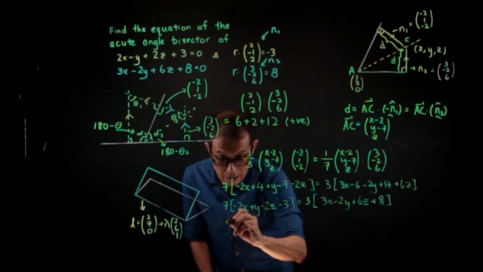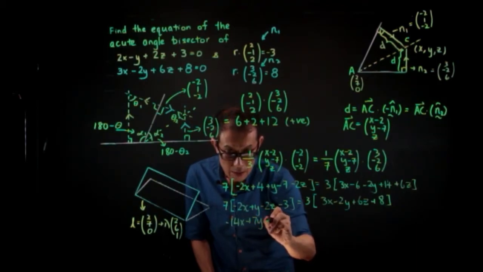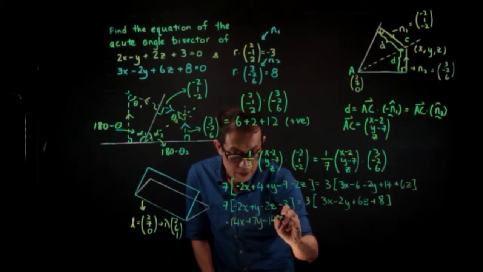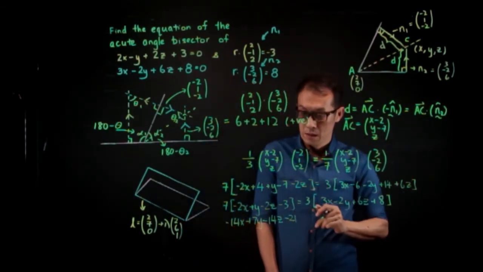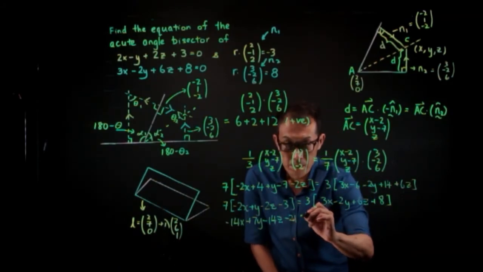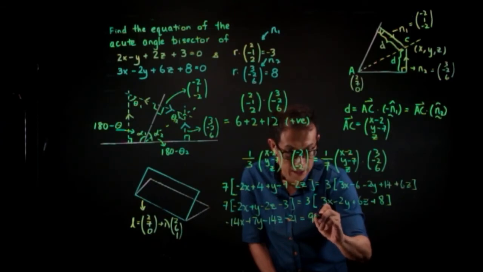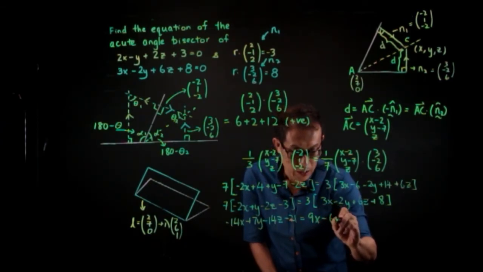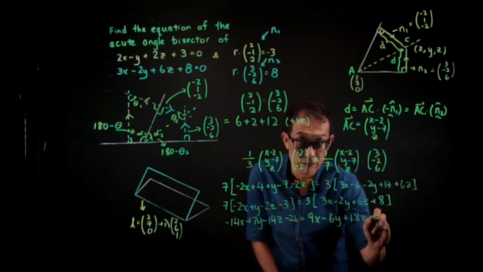So you got minus 14x plus 7y minus 14z minus 21. You multiply this out, you got 9x minus 6y plus 18z plus 24.